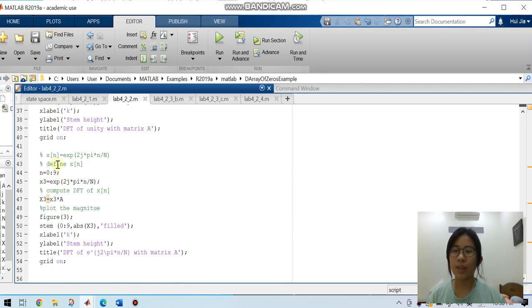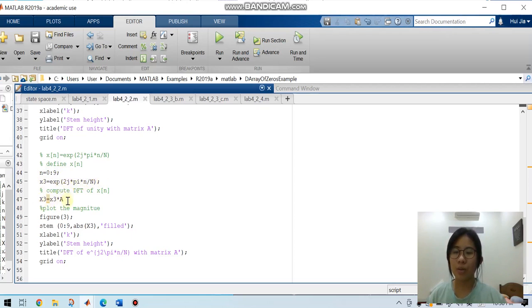For C, x[n] equal to exponential 2j pi n over n is defined. We will use natural numbers less than 10, from 0 to 9. x3 is defined as x3 equal to exponential in bracket 2j times pi times n over n.